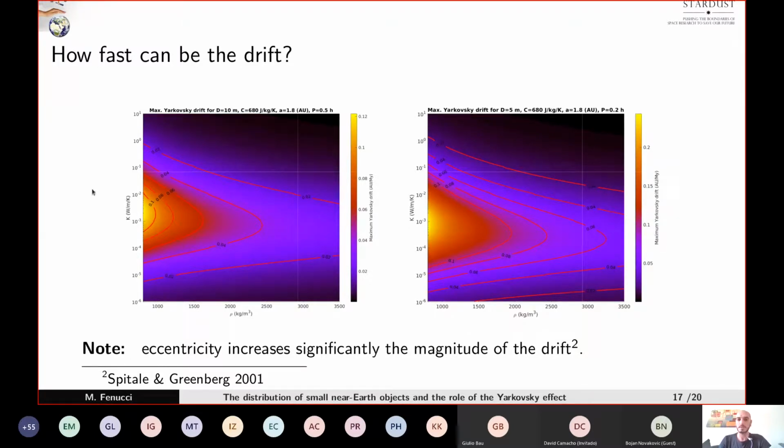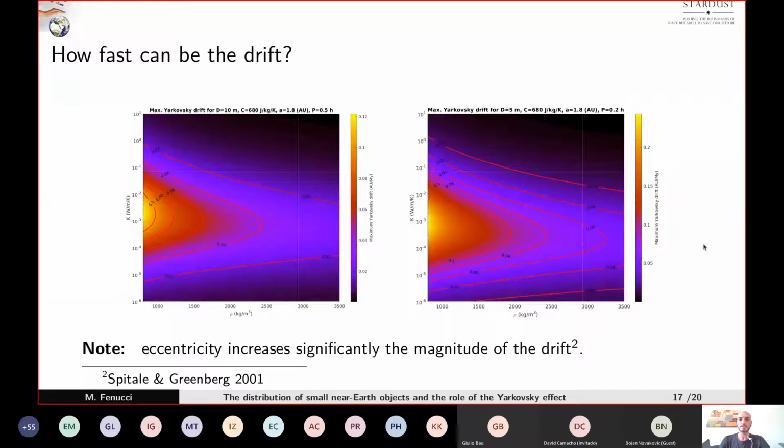So from these plots, we can conclude that when the thermal conductivity is low, the Yarkovsky drift is larger, and it has to be low, in between, let's say, 1 and 10 to the minus 4, to see some significant change in the Yarkovsky drift.